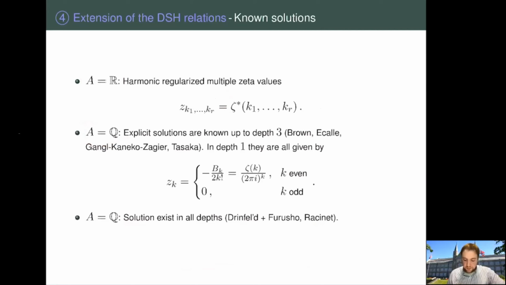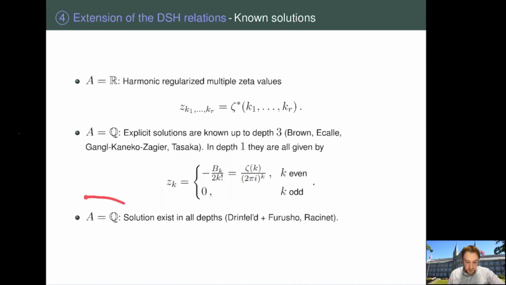For example, up to depth 3, there are explicit rational solutions by Brown, Ecalle, but also by Gangl-Kaneko-Zagier, by Tasaka, and maybe more. And in depth 1, they are all given by this term here, by this Bernoulli number, which basically just means I take the Riemann zeta value and divide out the power of pi.